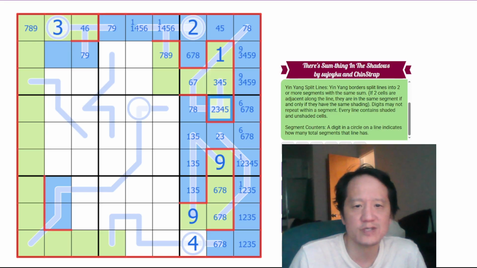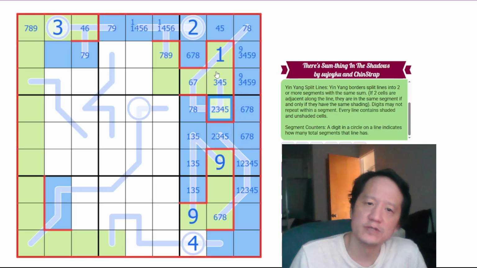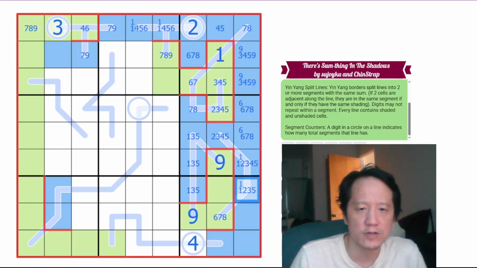Oh wait, this could be 6. Yeah, I messed up. My apologies. No, this can't be 6 because it's 3 and 6. The 6, if it had to be, it had to be here. Right, no, so that actually does work. That's correct.